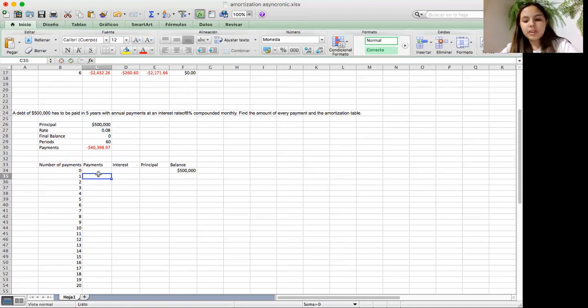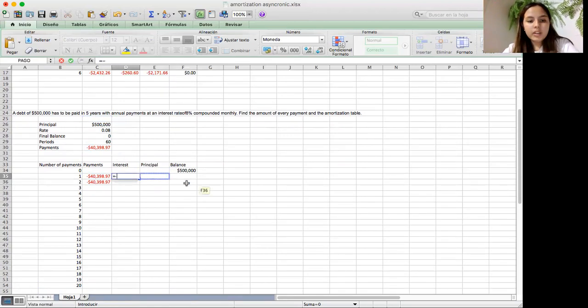Then in the payment, we will put the same payment in every period, like this. And the interest, we will use the formula of minus the last balance times 0.08, that is the rate.